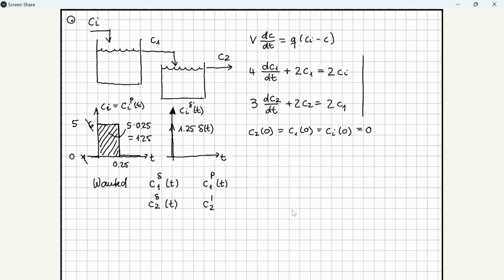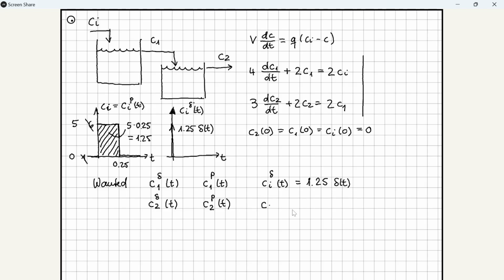And what is C2 for the actual pulse? Okay. And for this, I need a description for the inputs. So Ci delta of t is just what we said, it equals 1.25 times delta of t.